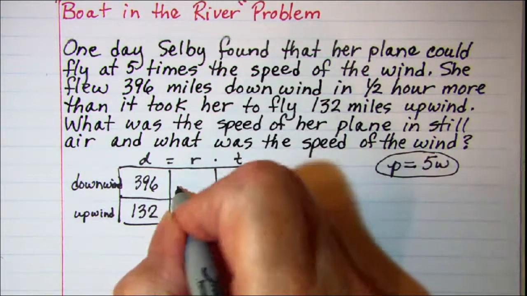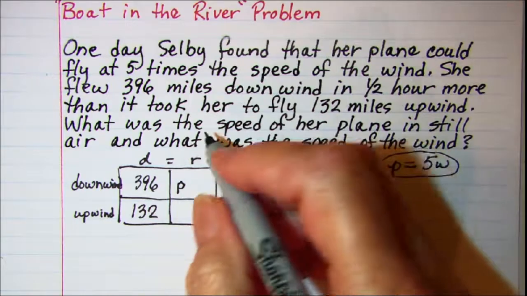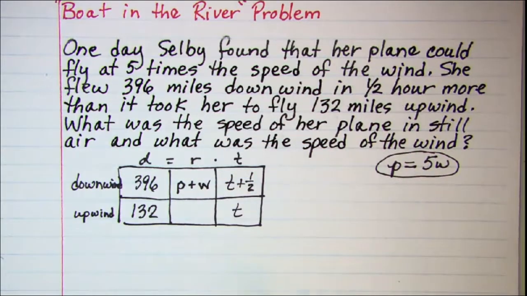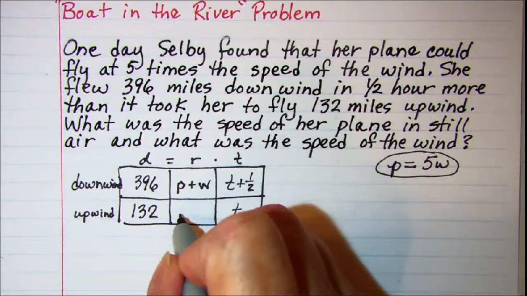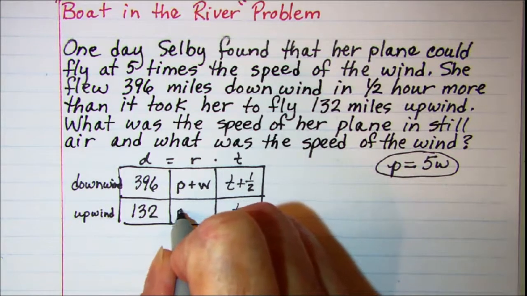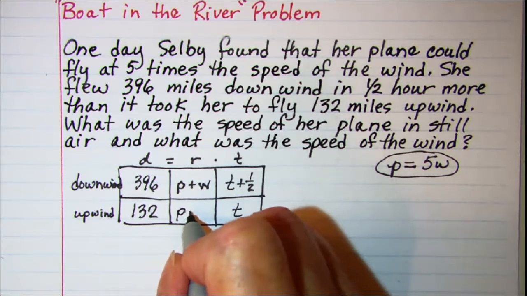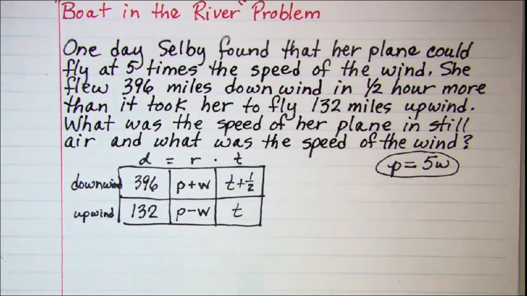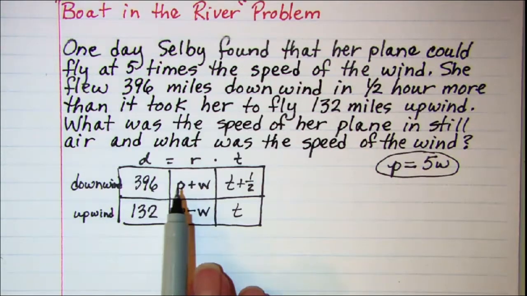So my plane rate has the rate of the wind added to it when we're going downwind. When we're going upwind, the wind slows down the plane, so I'll have my plane rate subtract the rate of the wind. Now, these will always be like this. You might have a B for boat if you're actually doing a boat in the river problem.